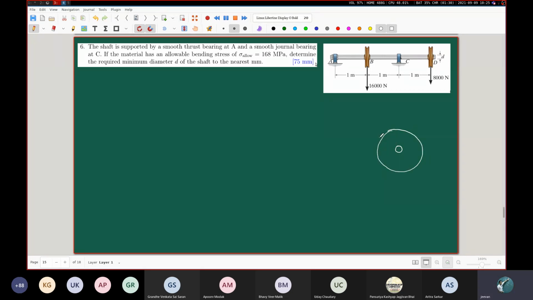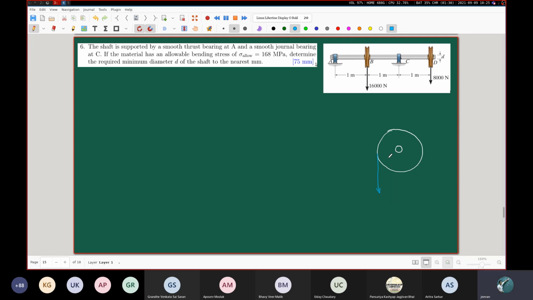Okay, so this disk, this outer circle that I have drawn, this corresponds to this, whereas this smaller circle that I have drawn, it corresponds to this shaft. What I'm trying to say here is that perhaps it is happening so that the force of 16 kilonewton is being applied at the periphery of this disk, which may be representing a gear or some kind of a pulley, whatever.